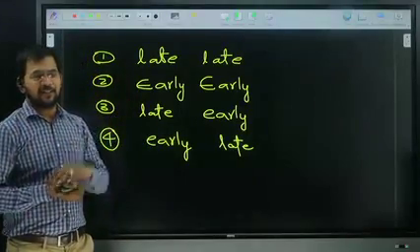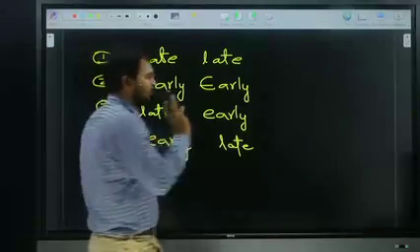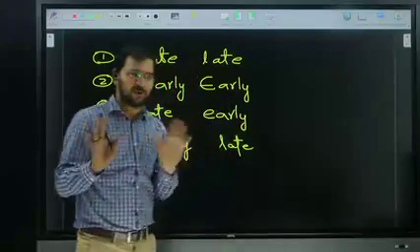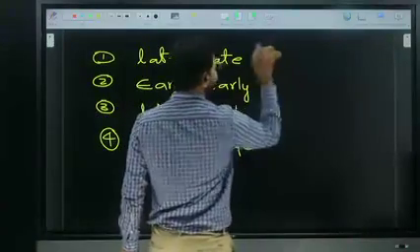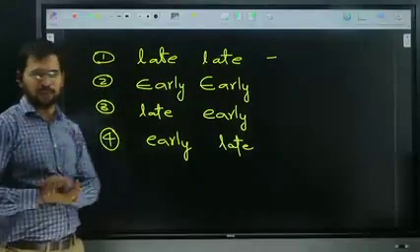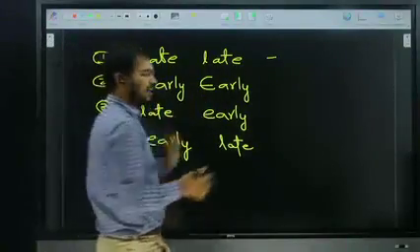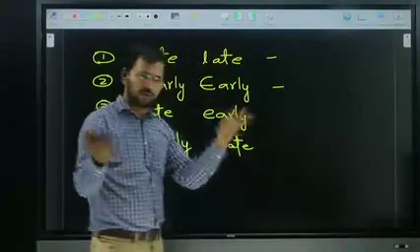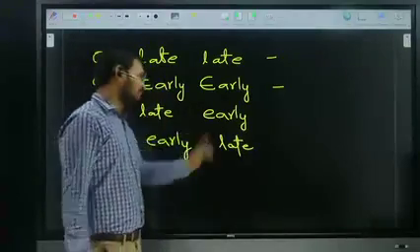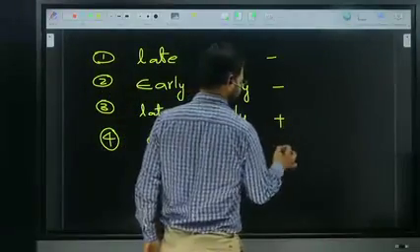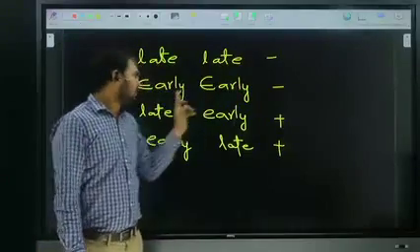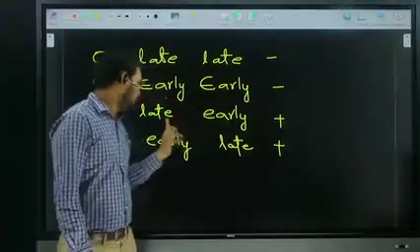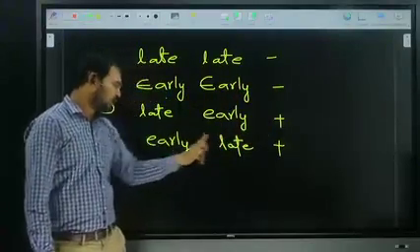In the previous question, it was late to late, so don't go for minus to plus. If they give late and late, just take the subtraction of those two numbers. If they give early and early, also take the subtraction. If they give late to early or early to late, take addition. Same sign, take minus. Opposite sign, take plus.